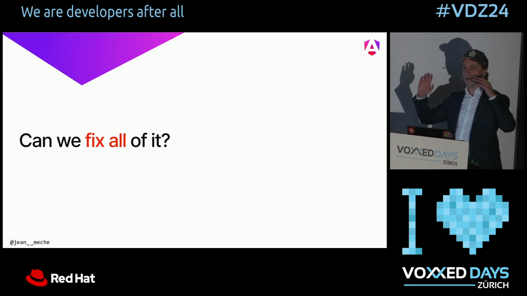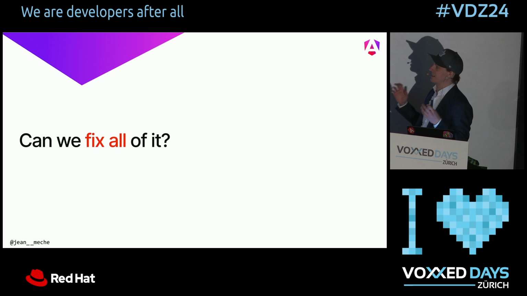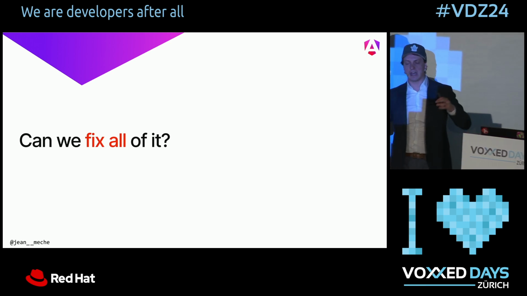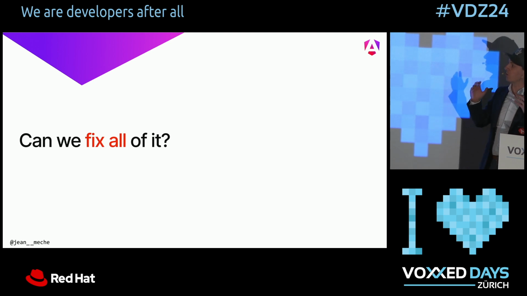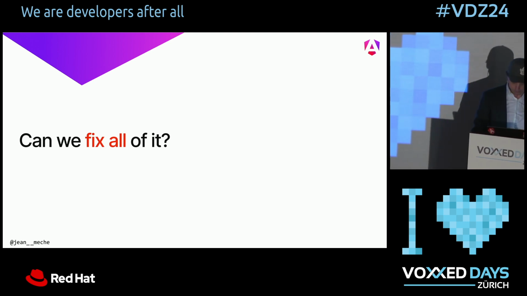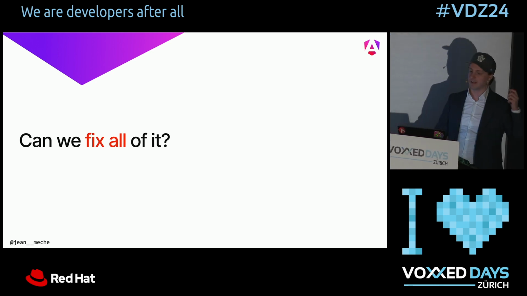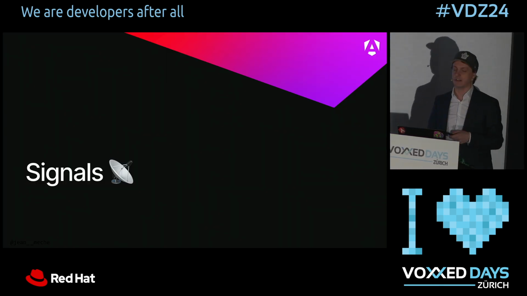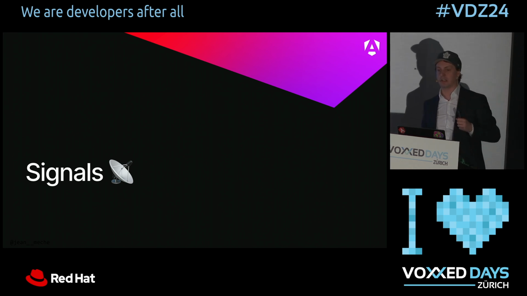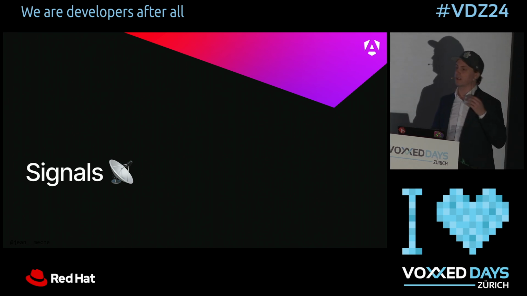So the question the team was asking itself a few years back: can we fix all of this? Can we make this easier? How can we improve developer experience in those cases? And the answer is signals. Signals is what will help the framework understand the state and understand the changes.